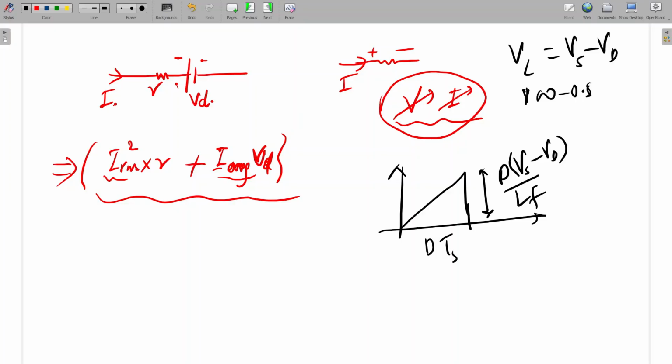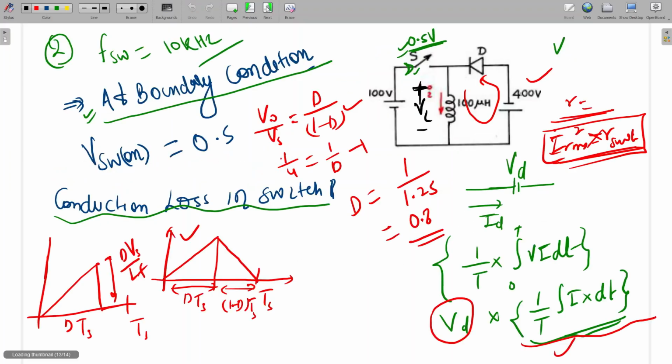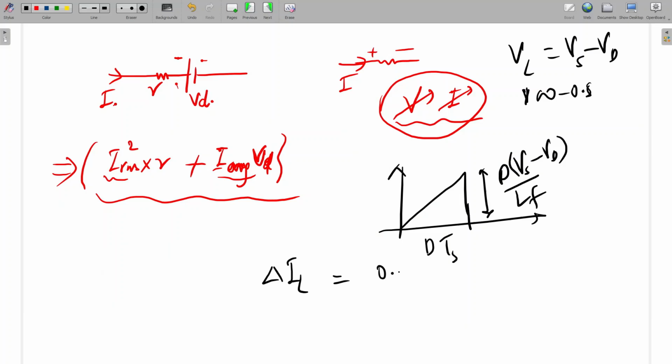Yes, sir. So this value we can calculate. What will be the value of delta IL from here? Delta IL is equal to D, 0.8, into 100 minus 0.5, that is 99.5, divided by LF.